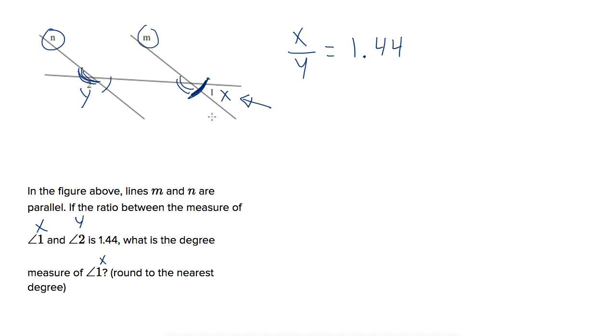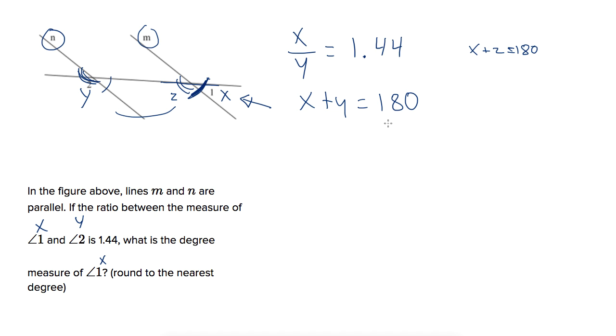So let's call this angle Z. Well, we know that X plus Z equals 180 because this is a straight line right along here. So if X plus Z equals 180, then we also know that X plus Y equals 180 because Z and Y are the same. So we actually know that X plus Y equals 180.